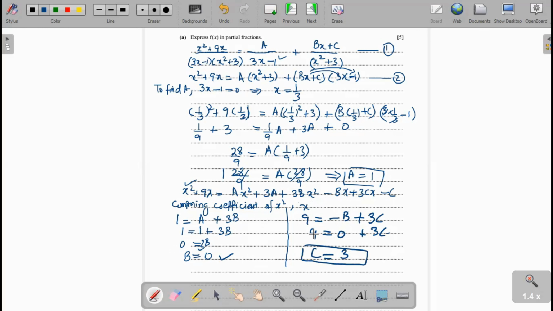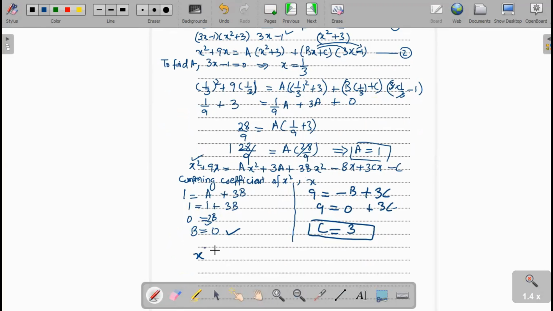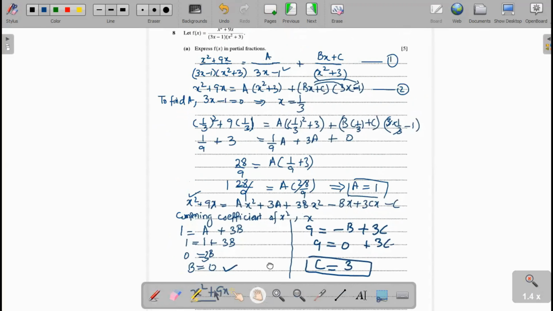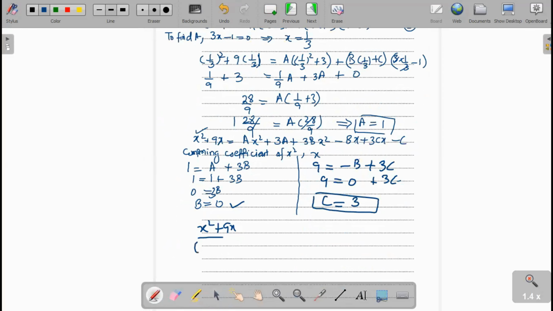Now, put the values in equation 1: (1 plus 9x) over (3x minus 1)(x squared plus 3) is equal to a over (3x minus 1), where a is 1, plus (bx plus c) over (x squared plus 3), and bx there is x dx.